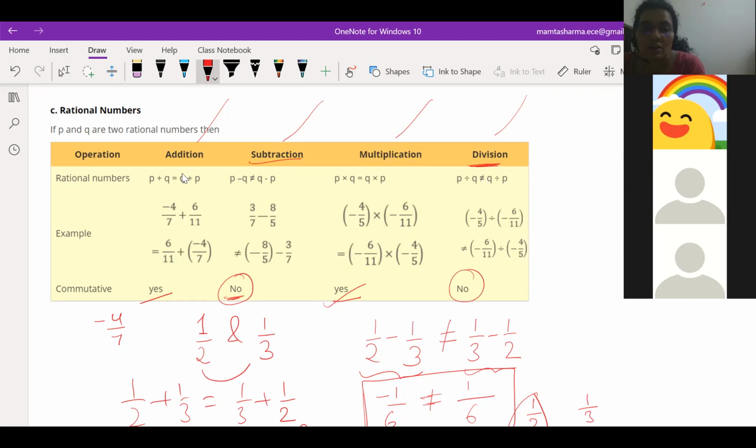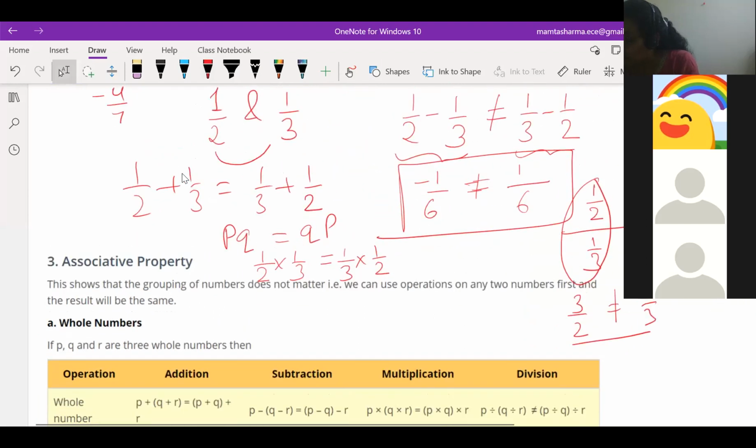It won't be satisfied for division and subtraction. So a question may come. They can give an equation and ask you to find out whether it satisfies the commutative property or not. So what will be your answer? Ma'am, I'm not able to see the equation.